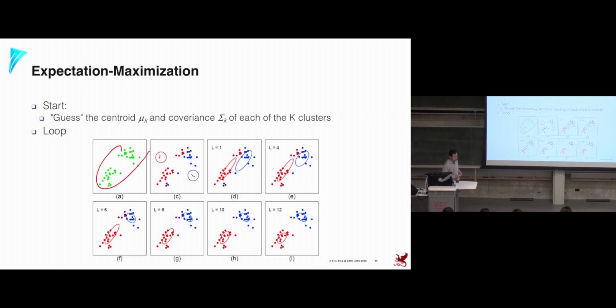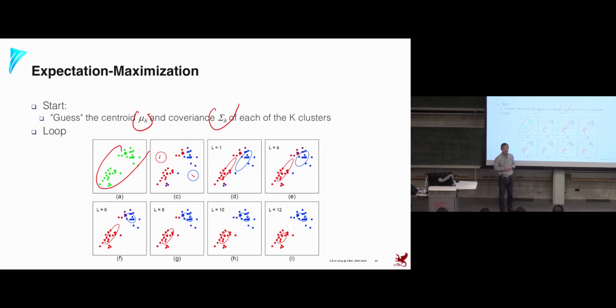I'm going to call the center a pair of mean and covariance. I use the center to define a Gaussian distribution. And then I'm going to look at every point and compute the conditional probability of a point under this Gaussian versus that Gaussian.